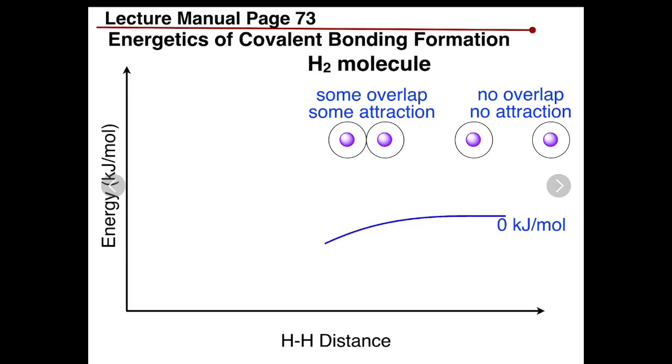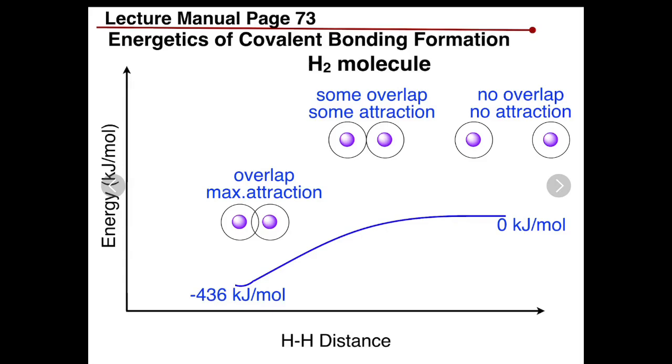Once it reaches the optimal overlap between the two atoms, it causes the maximum attraction between the two, and this is when the energy would be at the lowest point. The lowest point of energy, where the optimal overlap is happening, causes the maximum attraction, and this is what we call the covalent bond.